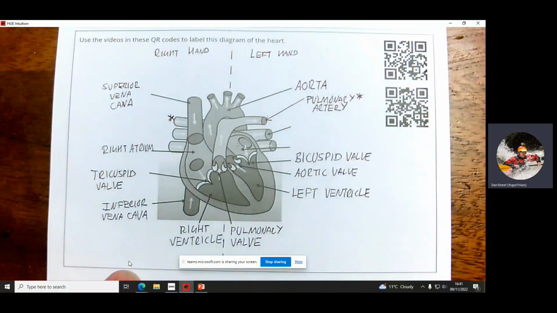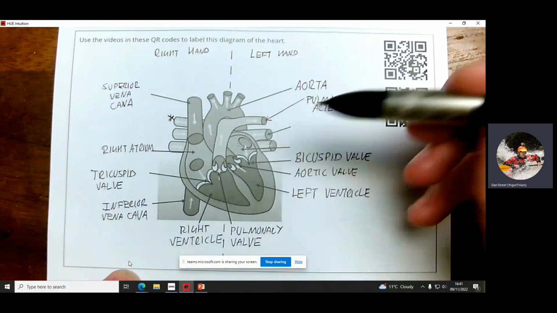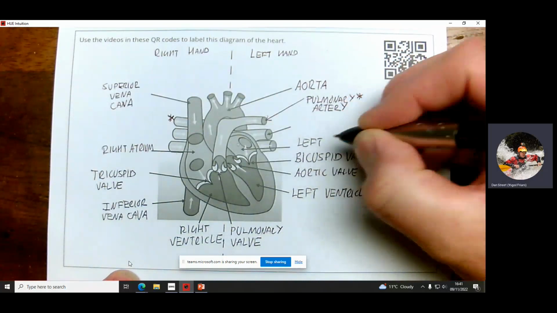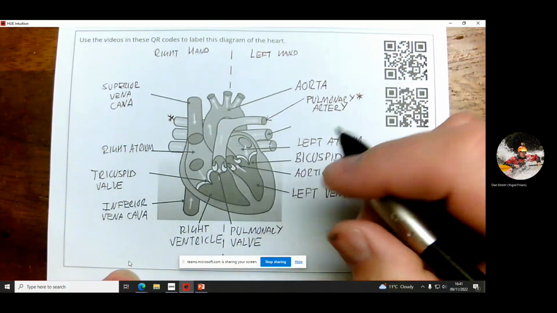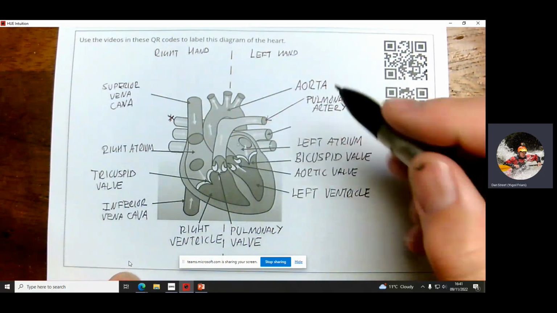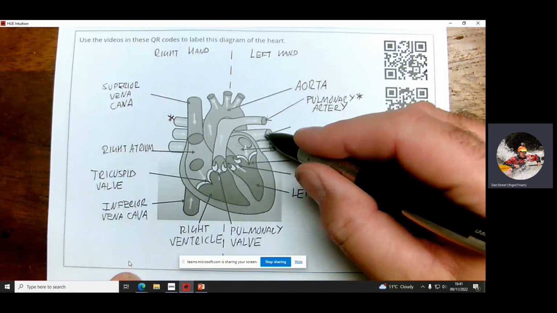Now the bicuspid valve prevents blood flow back into this chamber here. So this is the left atrium. Okay, and they receive blood from the lungs. And therefore we'll just add an extra label here because there's two parts to this.